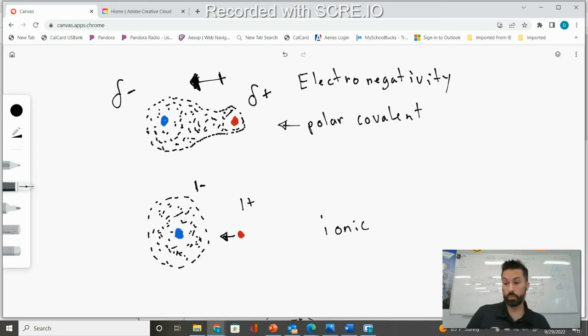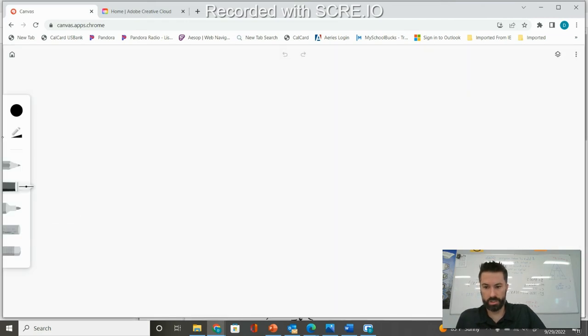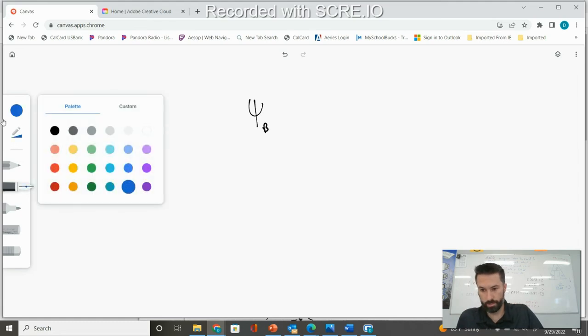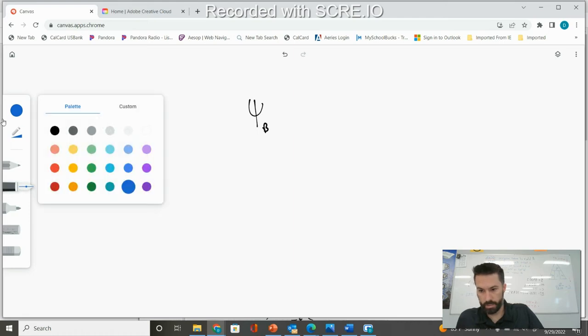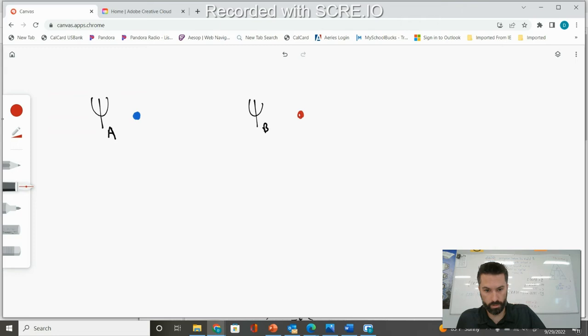Now, what I want to talk about just for a couple minutes is what is actually going on with this bonding. And so we can kind of understand it. We'll go deeper in depth later. So we said that psi was how we described the electrons. Now we said we had psi of our A and we had psi of our B. Atom A was our blue one, and the other one, B, was our red one.